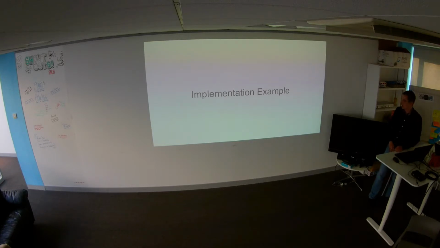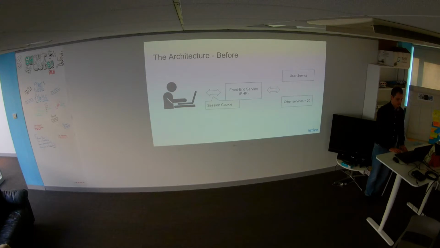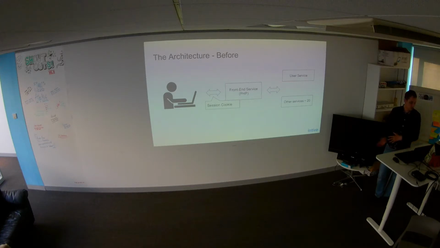Okay, let's jump into how we actually implemented it. So before we implemented it, this was our architecture. Of course, it was much more complex, but let's say we can sum it up in those 3 boxes. We had a front-end service in PHP that was serving whole pages.